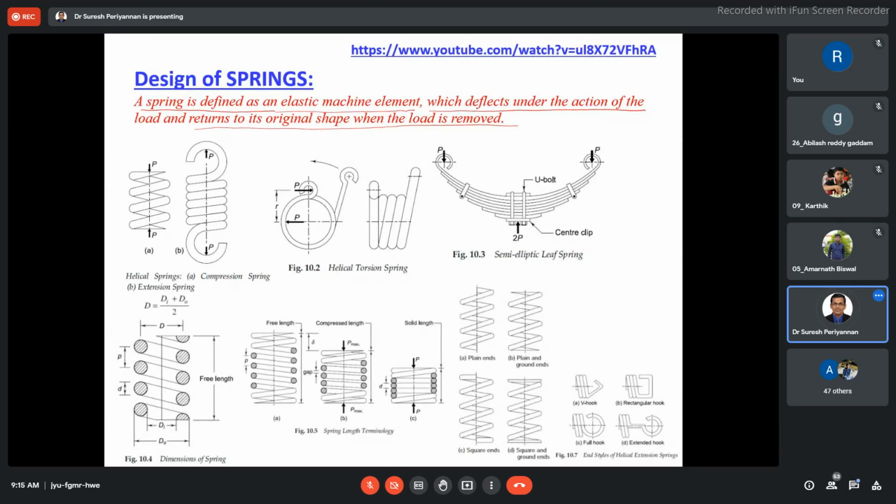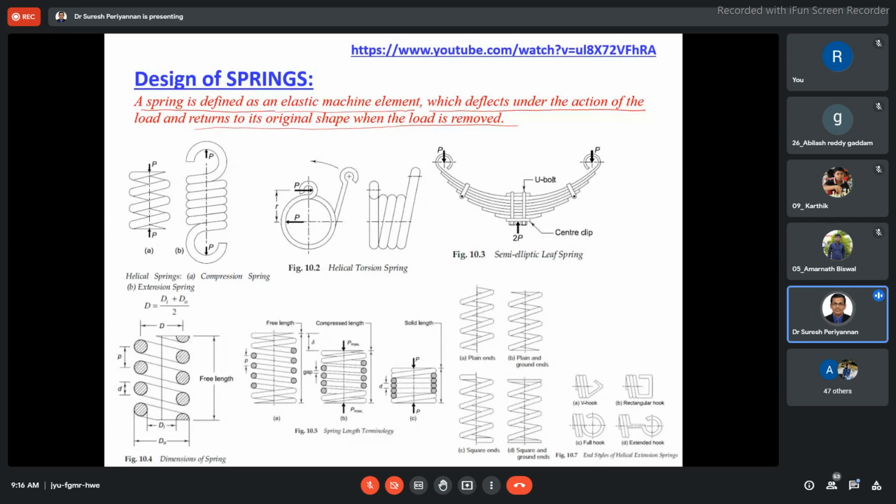Now, applications of springs. Just let me tell you some common things. The springs are used to absorb shock and vibrations. You know very well, for example, vehicle suspension springs, railway buffer springs, and also buffer springs in elevators.